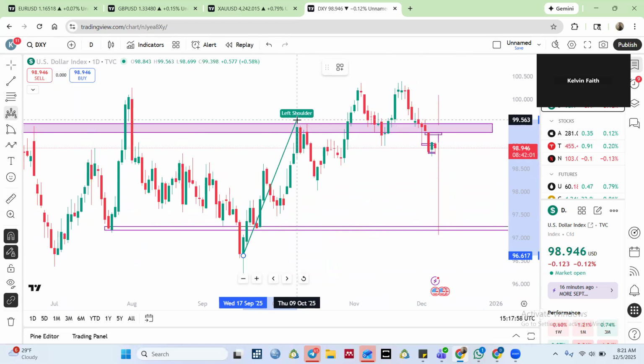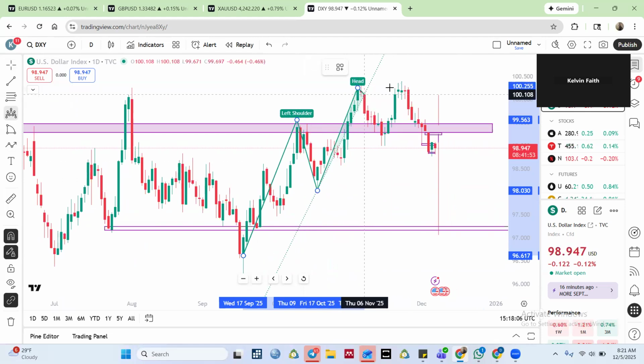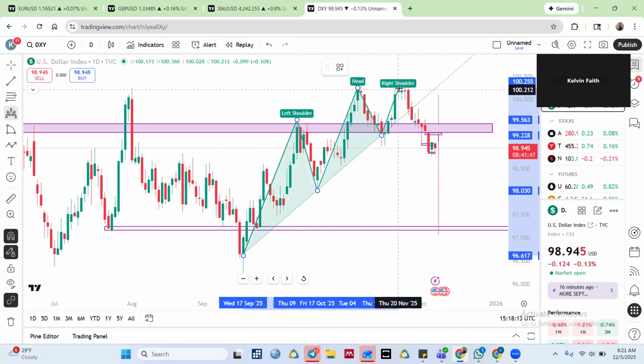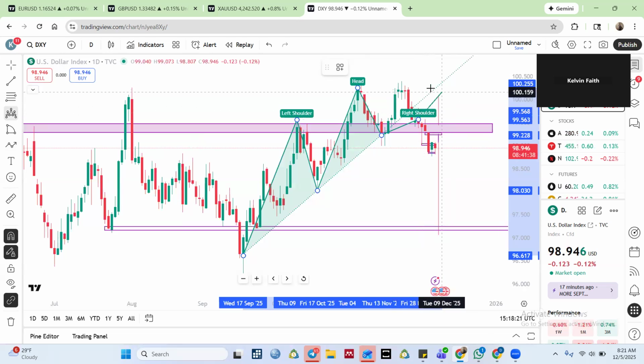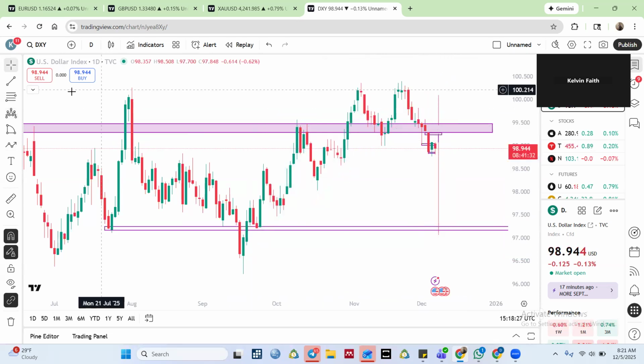The other thing I also see here is a sweet head and shoulders, a morning star formation: high, low, higher high, which is the head, which is the double top. Then the neckline is hit, price moves up, makes another head, and drops down to break the neck. So we have a sweet neckline break.